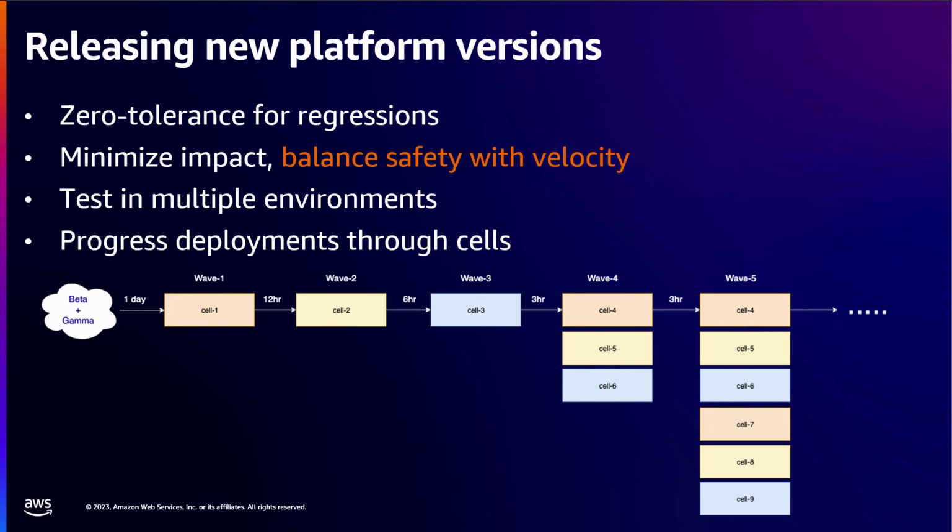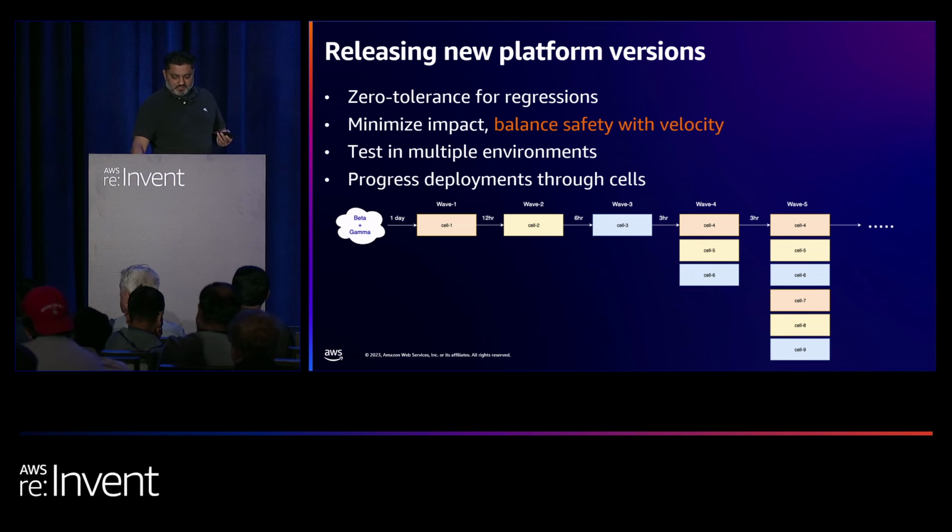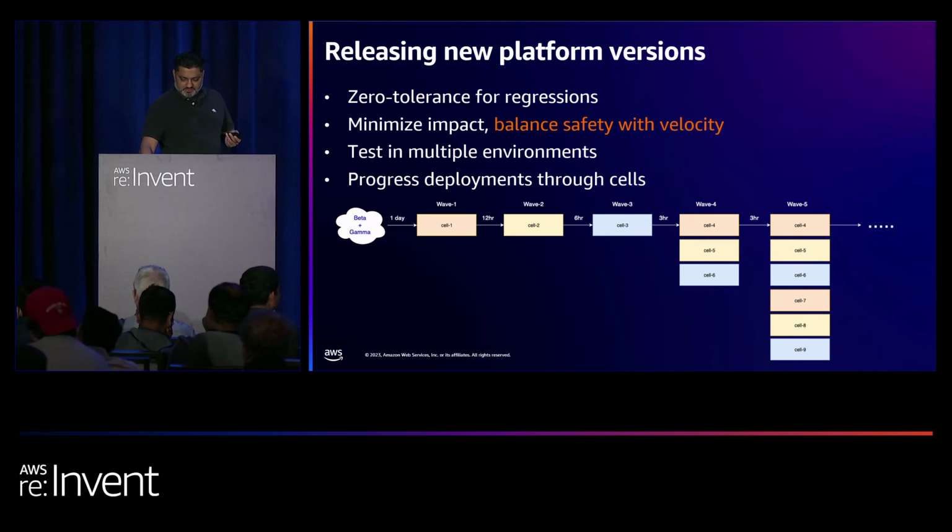We also have a broad spectrum of tests that we run: conformance, version updates, platform version updates, and scalability and performance tests. And finally, testing happens at every stage of the pipeline, at beta, gamma, in every region, and it happens prior to us promoting to the next stage.